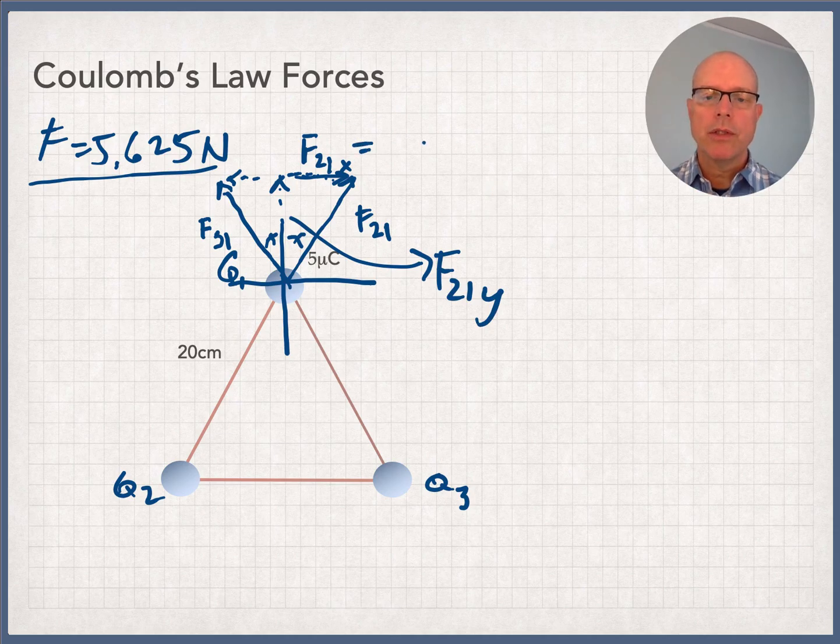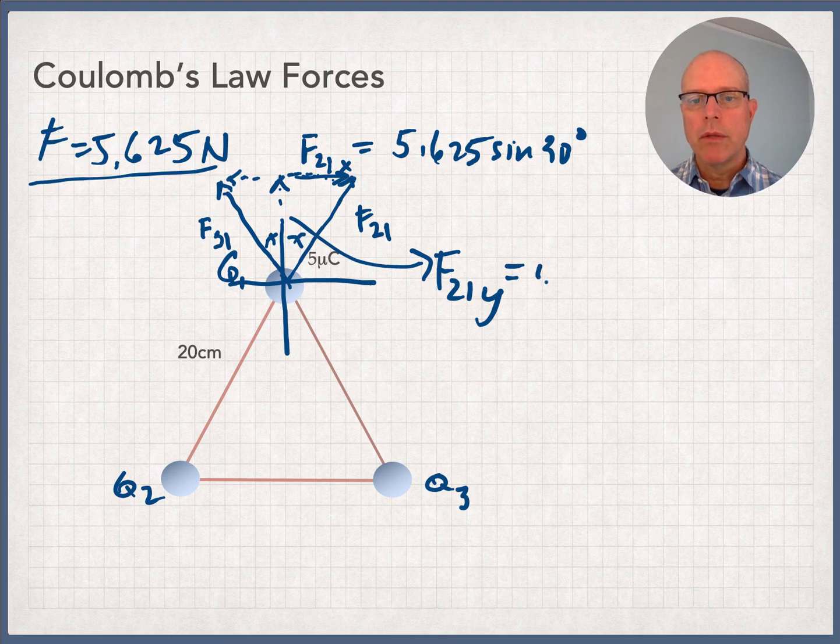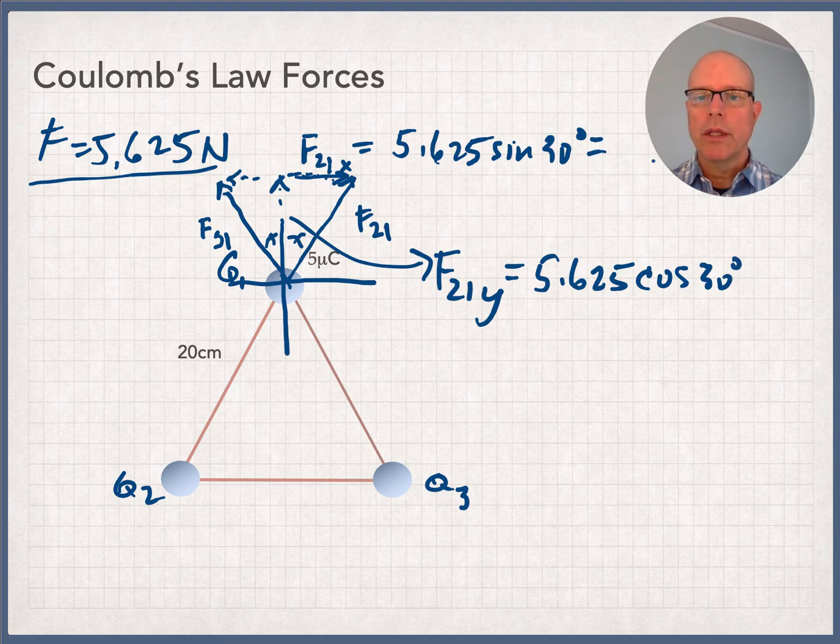So F21 of x is going to be 5.625 times the sine of 30. And F21 of y is going to be 5.625 times the cos of 30. And we'll go and get those numbers right now.